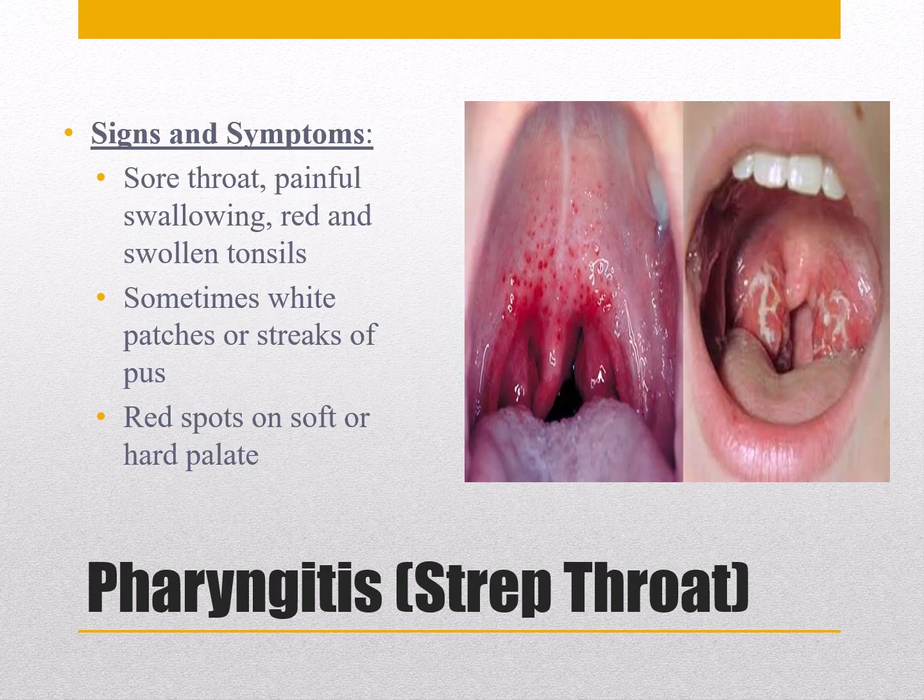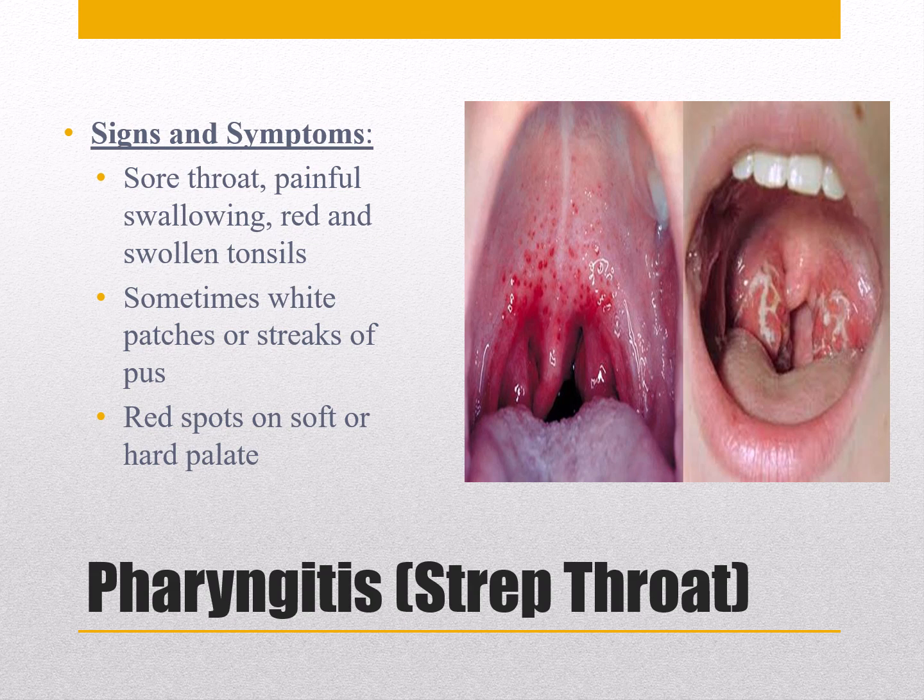All right, some signs and symptoms that we commonly see with strep throat are a sore throat, usually described as burning when swallowing, as well as swollen tonsils. What we can visually see when someone has strep throat is typically white patches, which are streaks of pus in the back of the throat or on the tonsils.